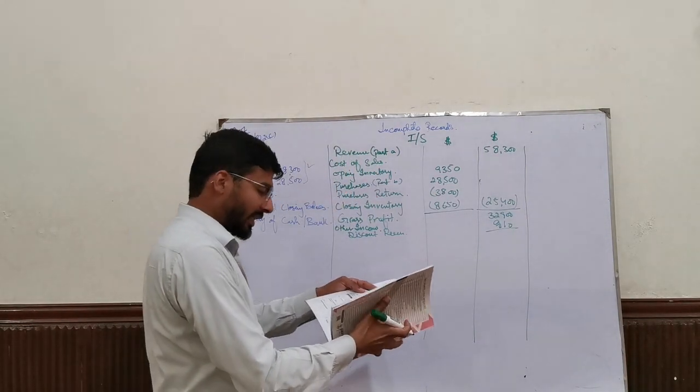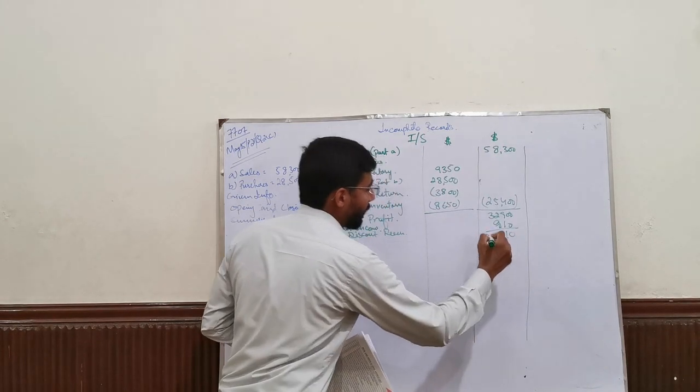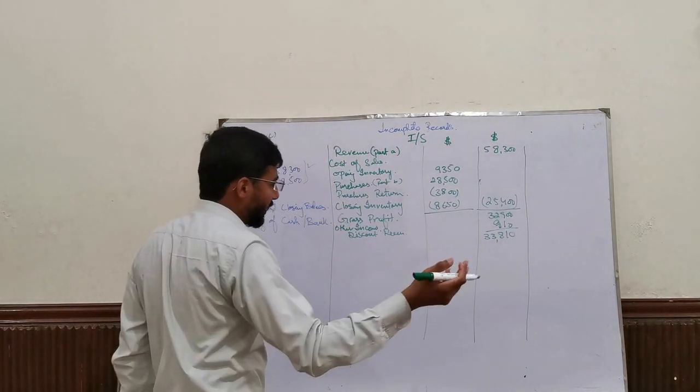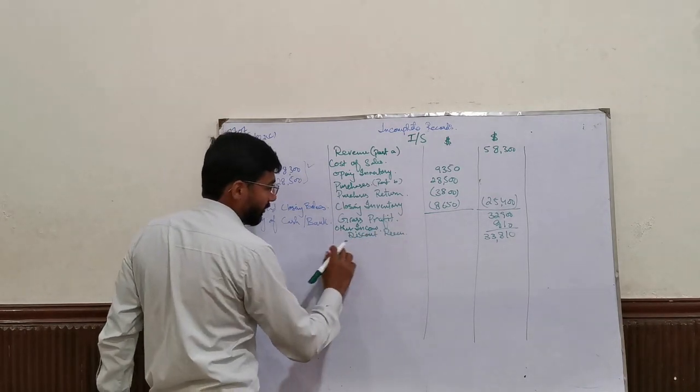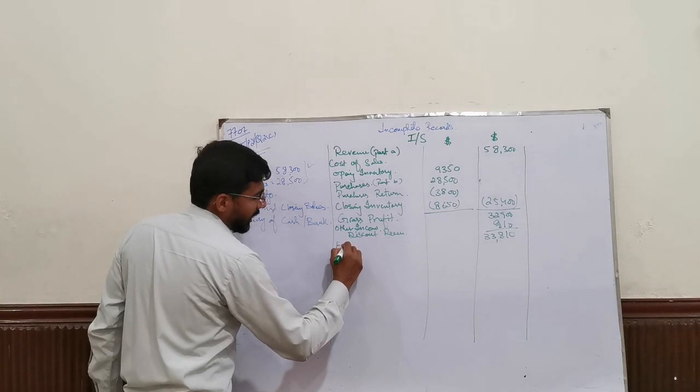The total I would get is 33,810. Now comes the tricky part where the examiner is going to assess your intelligence. Once again, discount received will also be given. Now what we need to do is mention expenses.